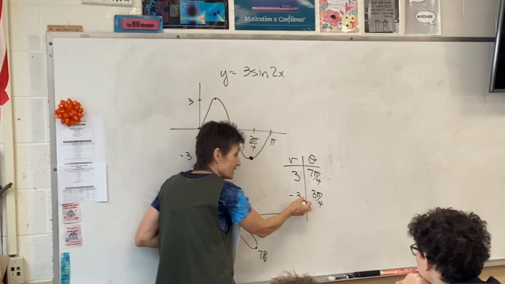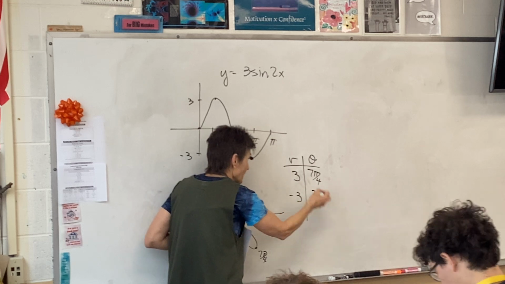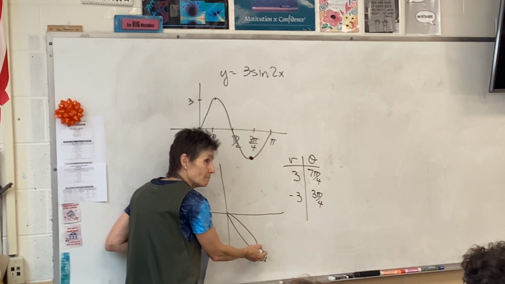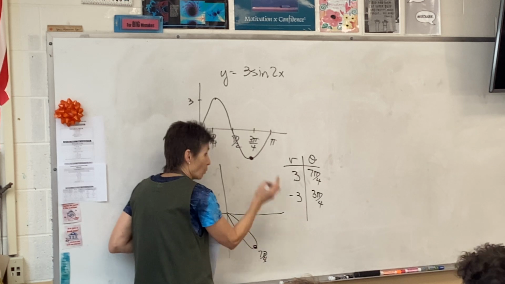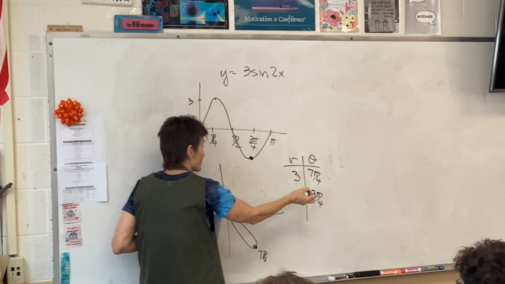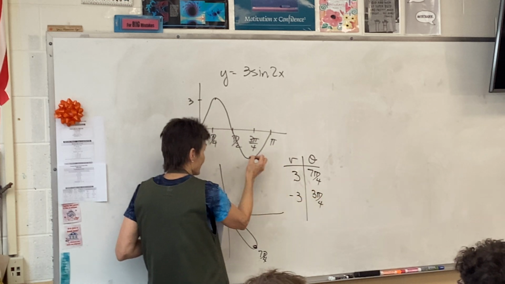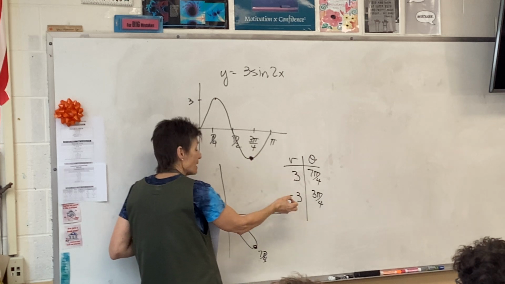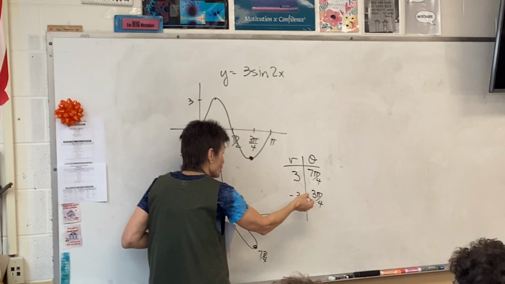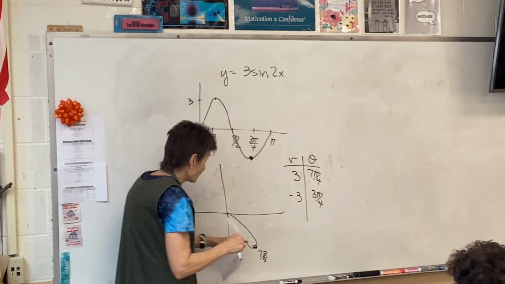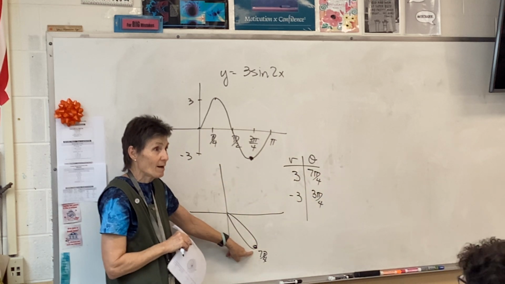But I can't plot a negative r, so I translate it into that point and it ends up getting plotted there. So once again, this point on the graph is 3 pi over 4, negative 3. R is negative 3. But I can't plot that, so I translate it into positive 3, 7 pi over 4, which is exactly the point that's on my graph.